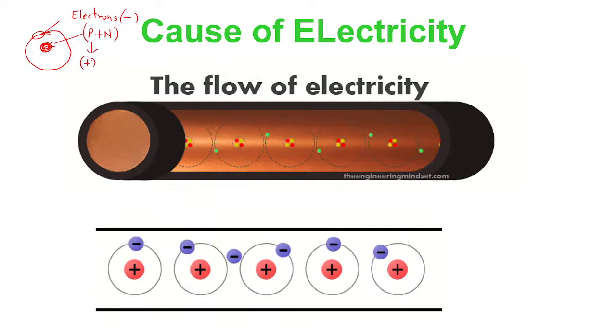When electrons move, we say that it is electricity. When this electron jumps from one atom to the other atom, that's how electricity flows from one place to another. So what is electricity? Nothing but flow of electrons from one atom to the other atom.